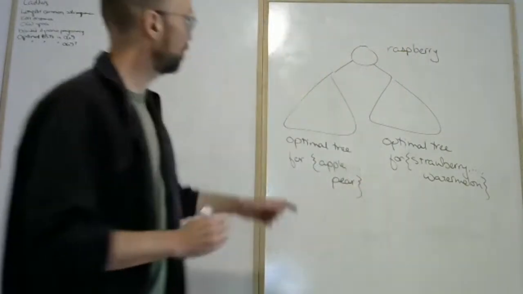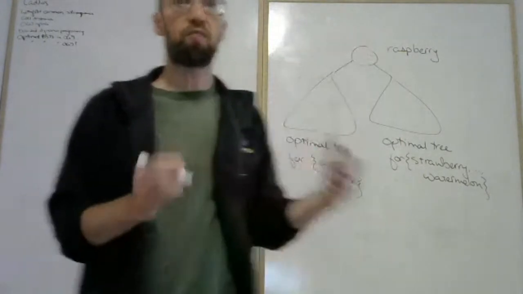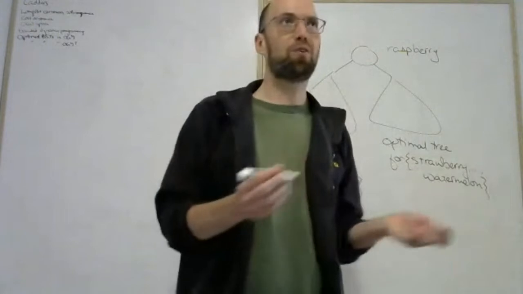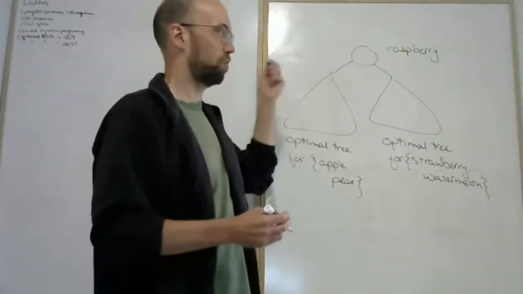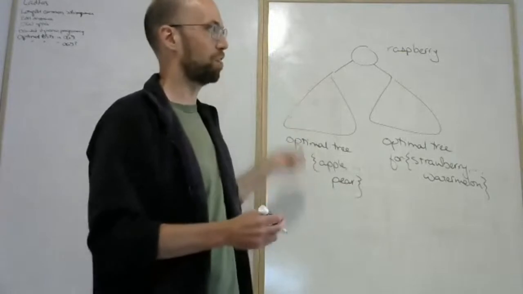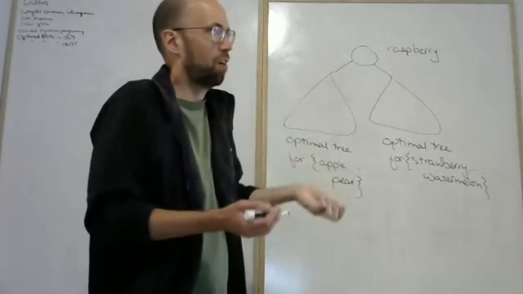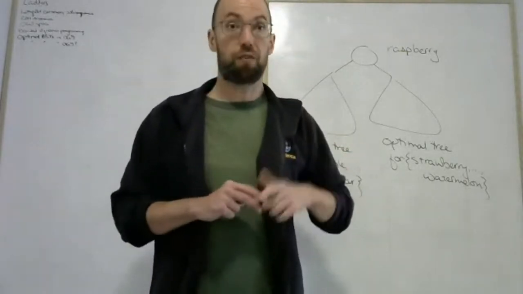So what I'm not proving is that the subtrees of an optimal tree are themselves optimal. It's not hard. Suppose that you had an optimal tree, and one of these subtrees was suboptimal. If you replace it with the optimal tree for the keys in that subtree, then the cost doesn't go up. It goes down.